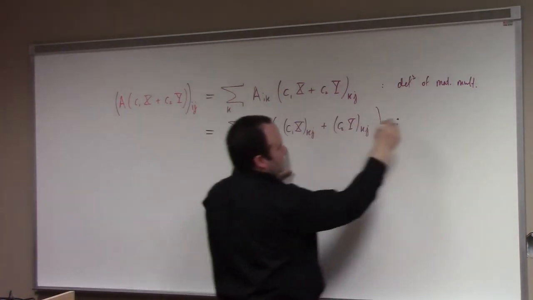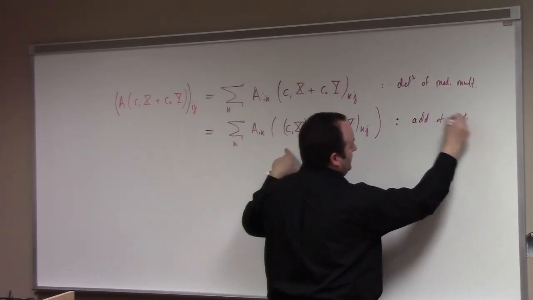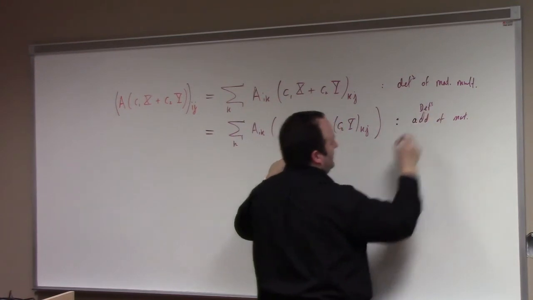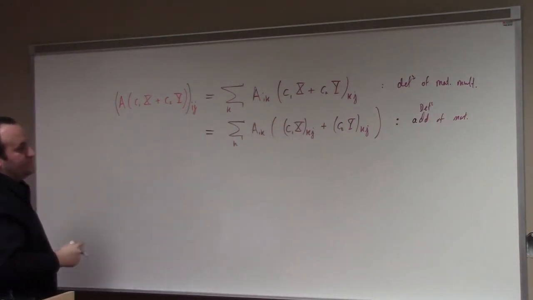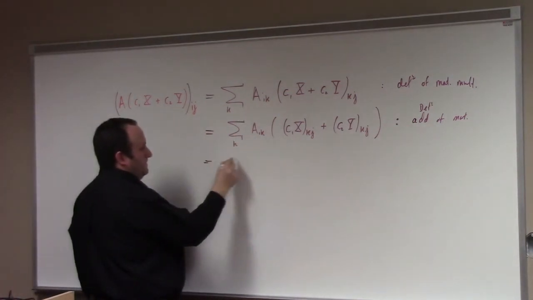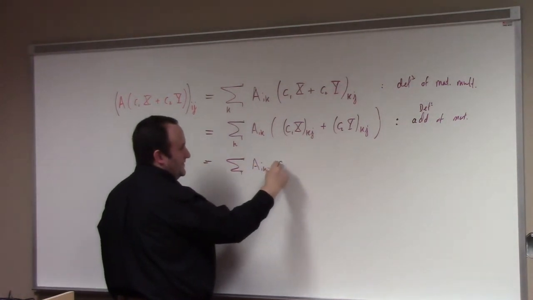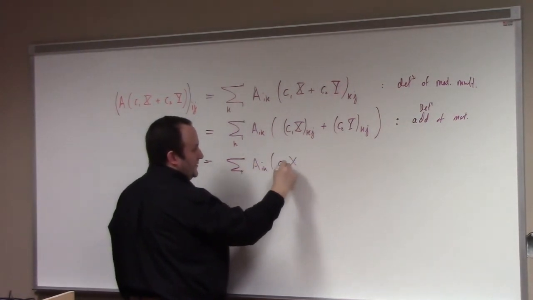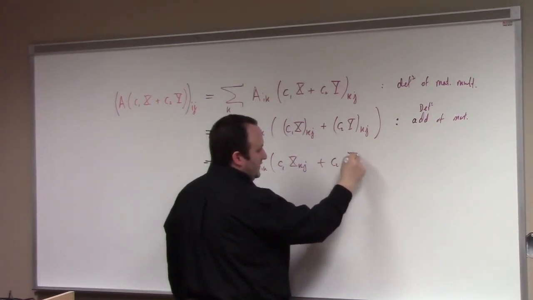This is addition, right, of matrices. Definition, sorry. I should get like a definition stamp. And then what? Then these, what do I do? Right, this is C1 times x_kj plus C2 times y_kj.